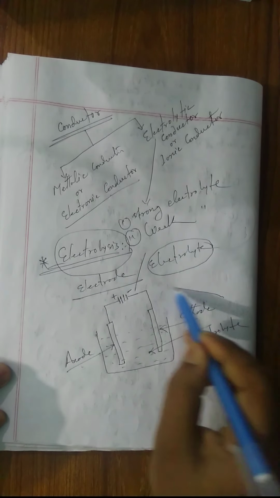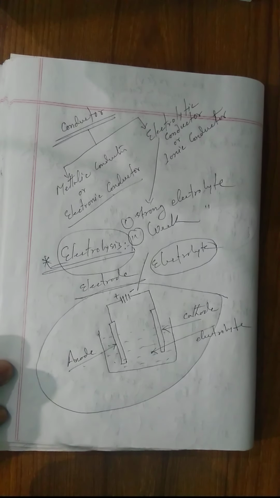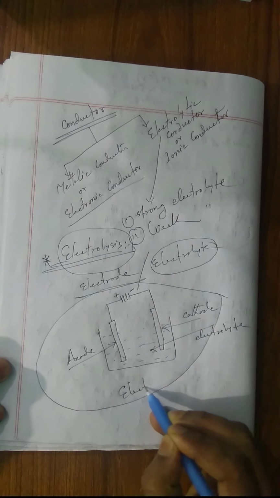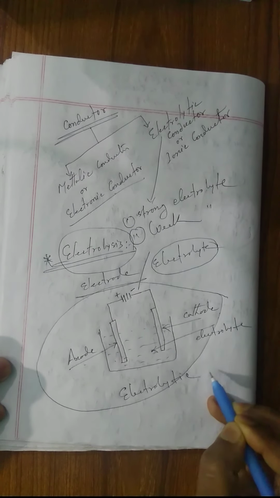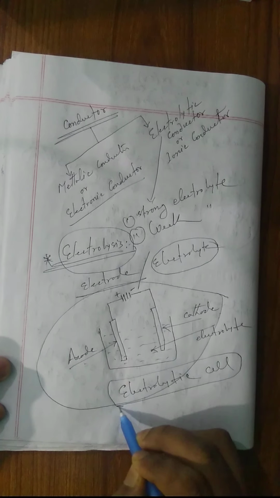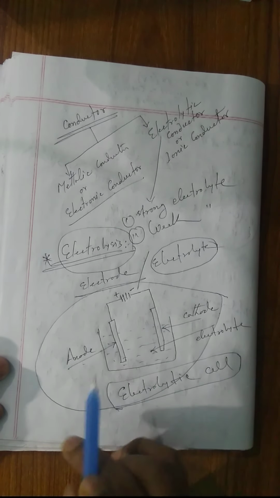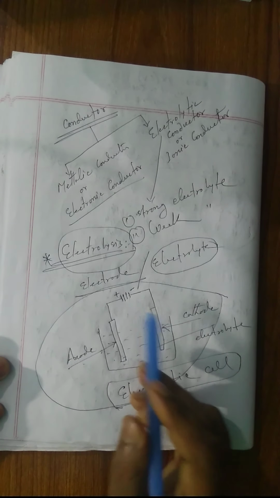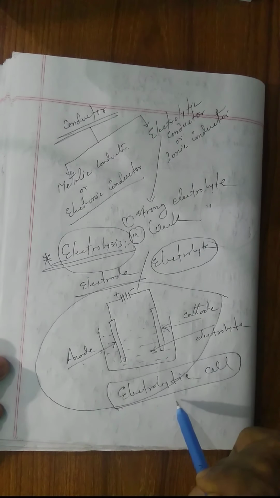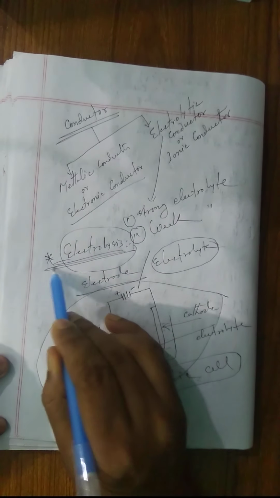So in total this is an electrolytic cell. In an electrolytic cell, there are some parts: anode, cathode, battery, and electrolyte. These are the parts of an electrolytic cell. Now, what is electrolysis?